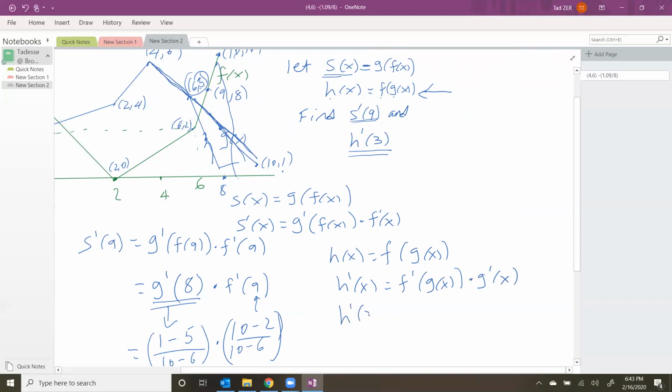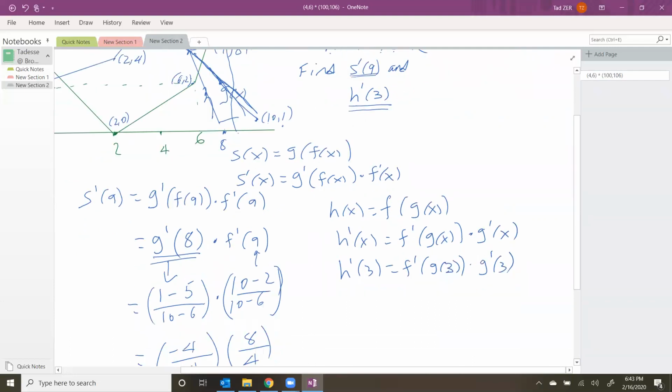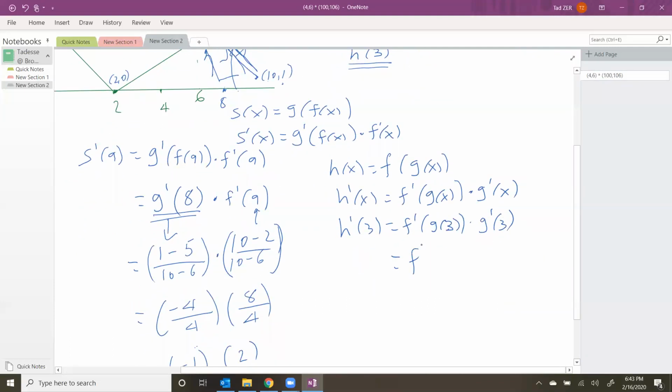H prime at 3 is F prime at G of 3 times G prime at 3. So F prime at G of 3. What is G of 3?